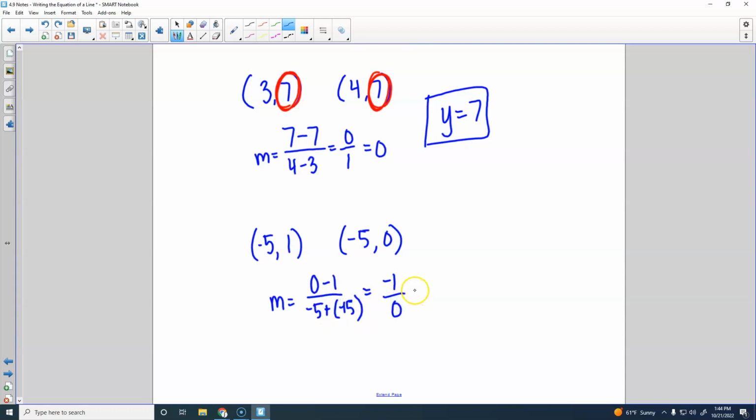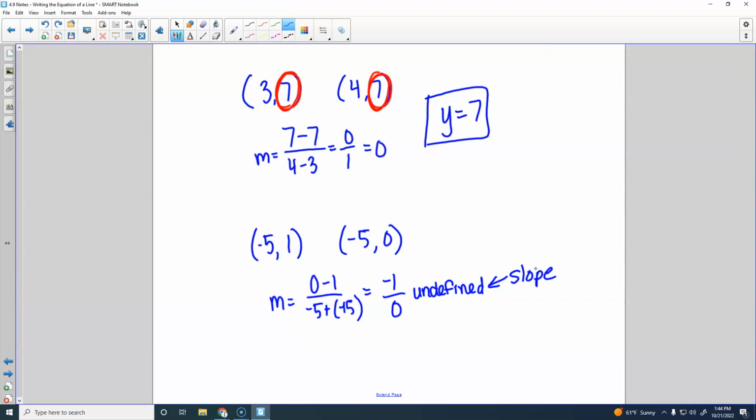What is that? Undefined. When the 0 is in the bottom, that is undefined. This is your slope. Some of the questions are going to ask for slope. If they ask for slope, then that's your answer. Okay? But if they don't ask for slope, if they ask for the equation, what's the equation? Aiden?